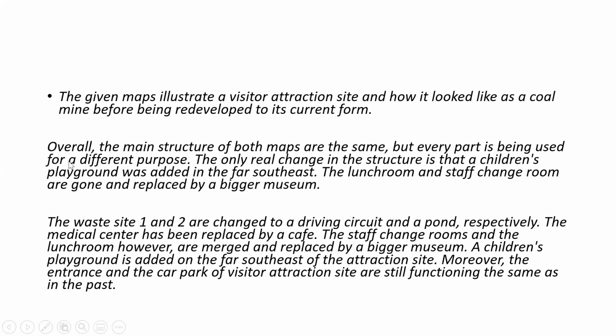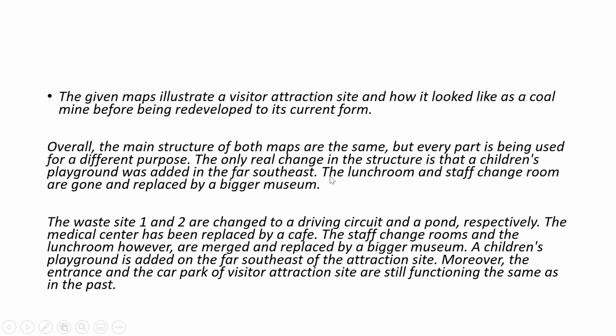So first, I say the main changes and similarities. Overall, the main structure of both maps are the same, but every part is being used for a different purpose. The only real change in the structure is that a children's playground was added in the far southeast. The lunchroom and staff room are gone and replaced by a bigger museum.